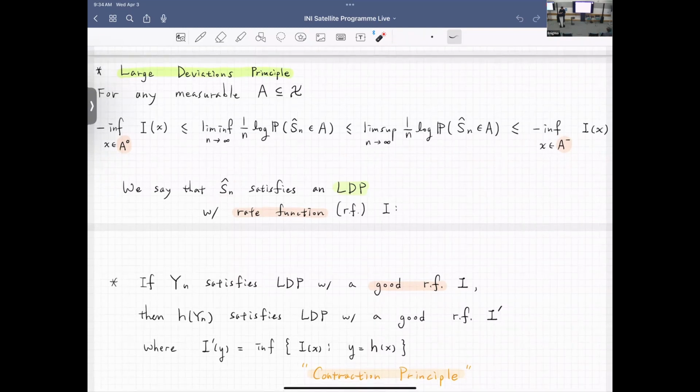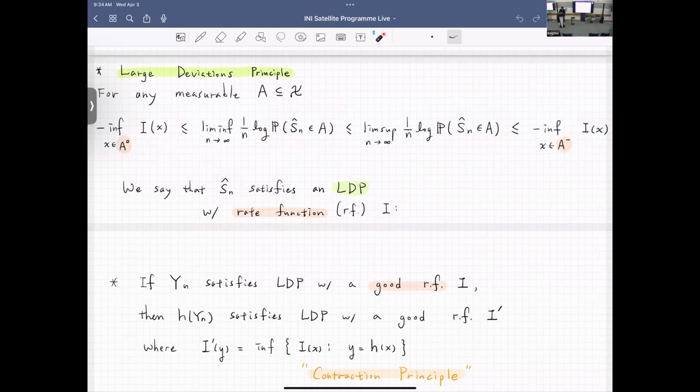S hat n satisfies an LDP with a rate function I if the probability that S hat n is in a set A decays at exponential rates that are characterized by I.